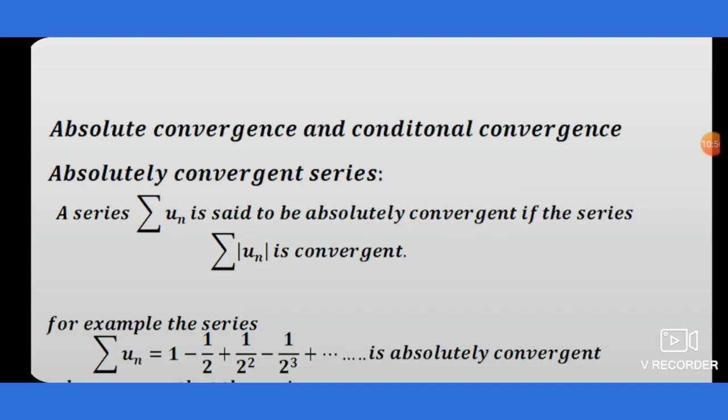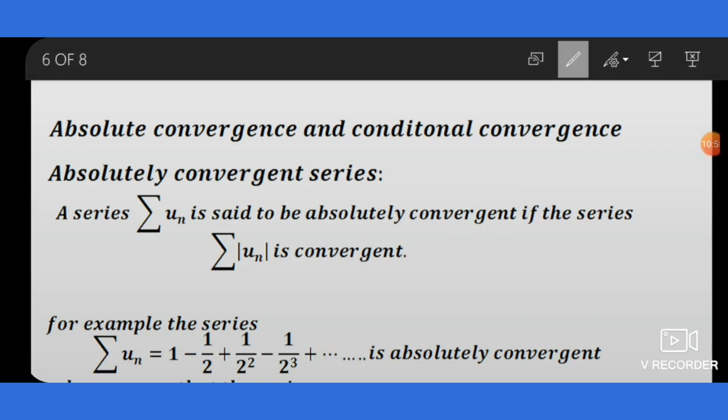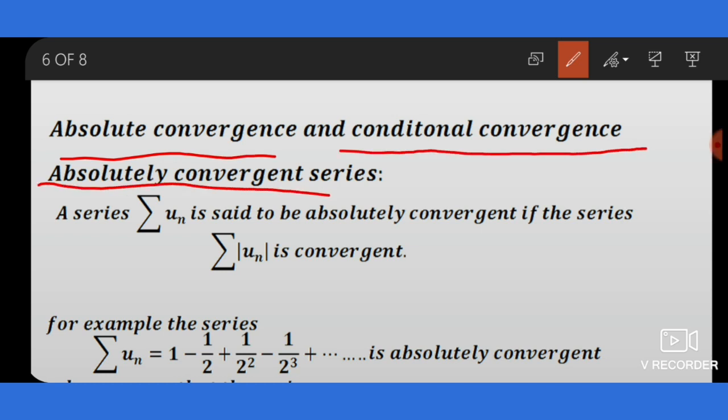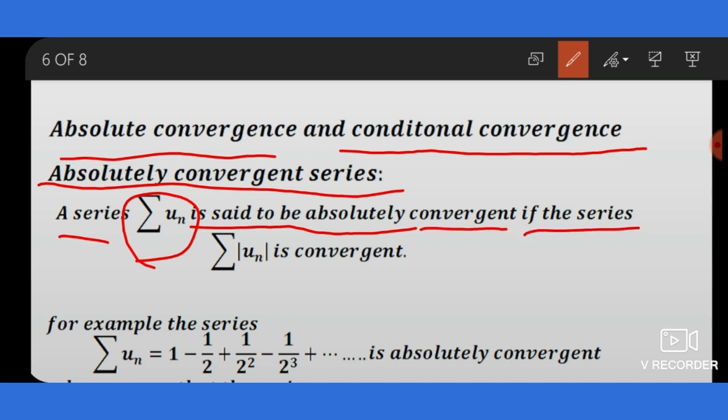Now we will discuss absolute convergence and conditional convergence. Absolutely convergent series: a series summation un is said to be absolutely convergent if the series summation mod of un is convergent.